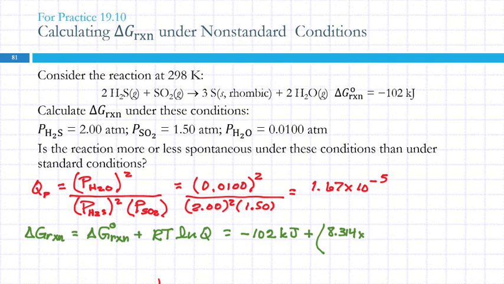So let's just times 10 to the minus 3 kilojoules per mole Kelvin. Times the temperature, 298, times the natural log of 1.67 times 10 to the minus 5.